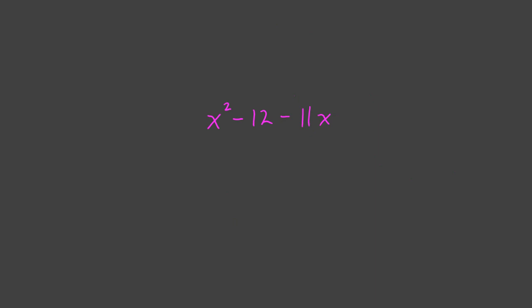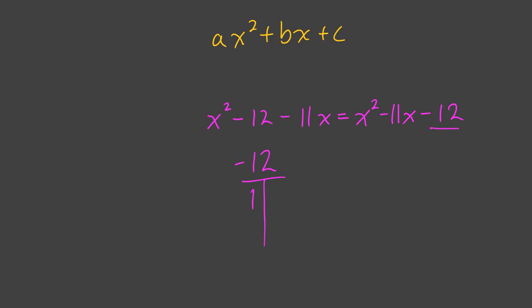X squared minus 11 minus 11x. Let's go ahead and write that in standard form. That would be our quadratic term first, linear term second, and constant third. Now we're looking for factors of -12, 1 and 12, 2 and 6, 3 and 4.